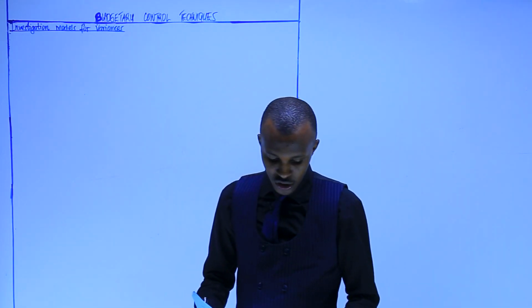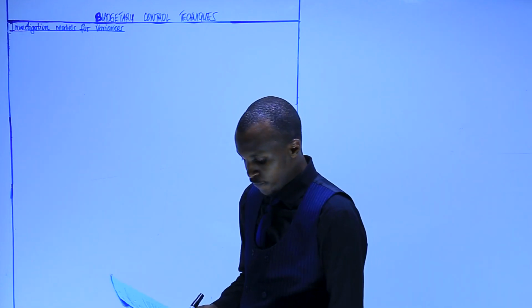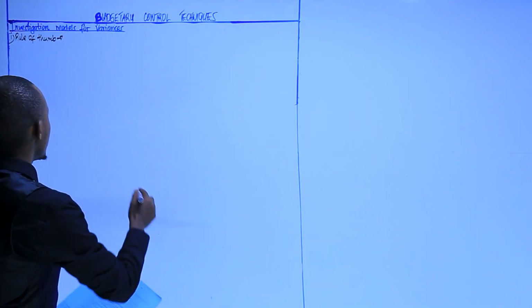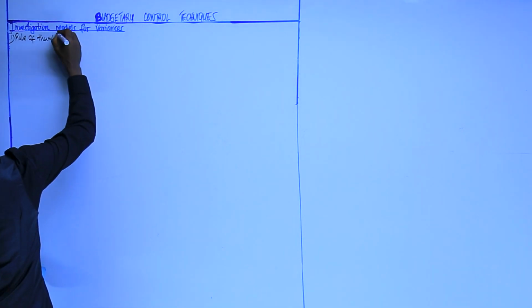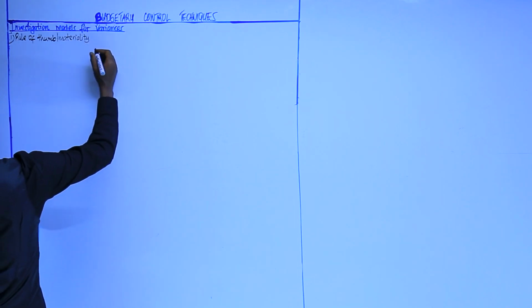Your investigation models or tools are four. Number one, you have a rule of thumb, sometimes also known as materiality, or the materiality model.